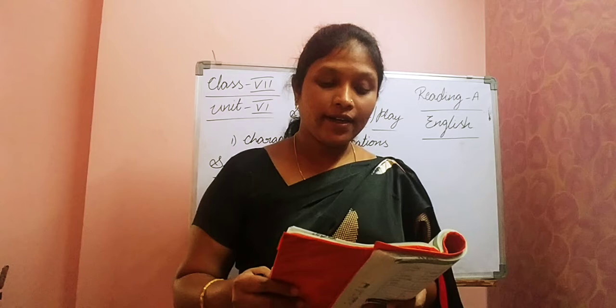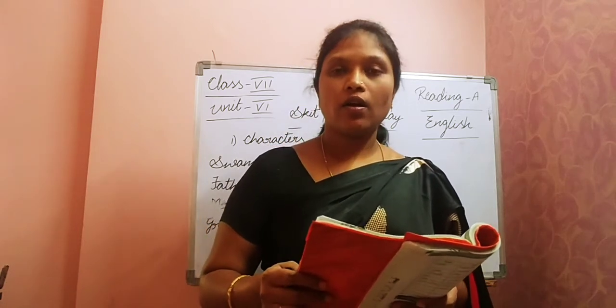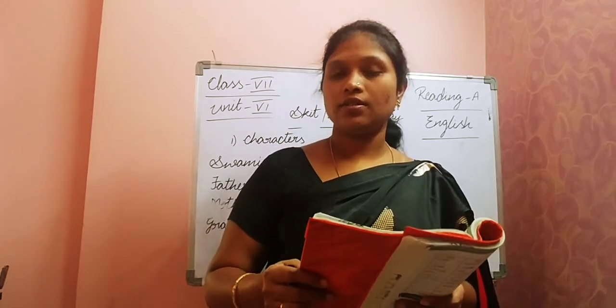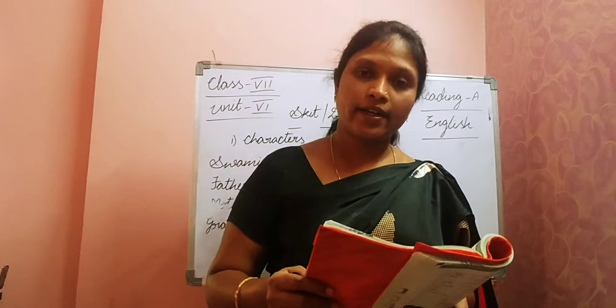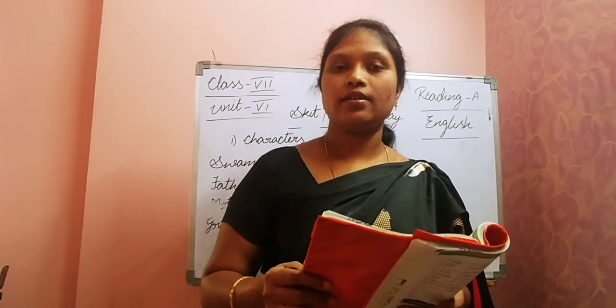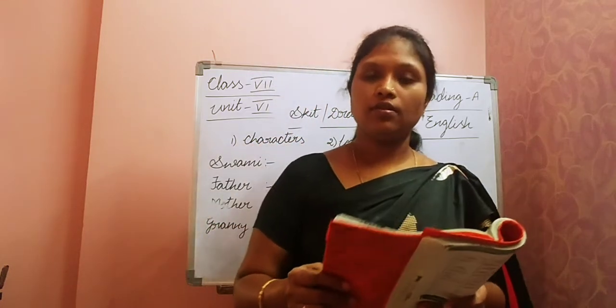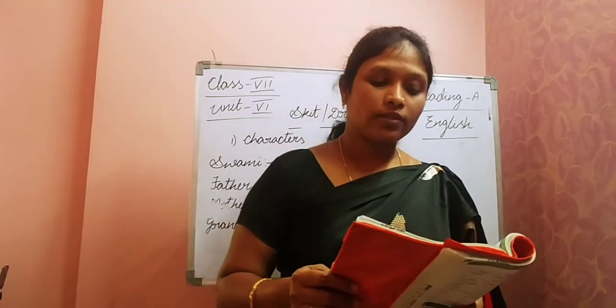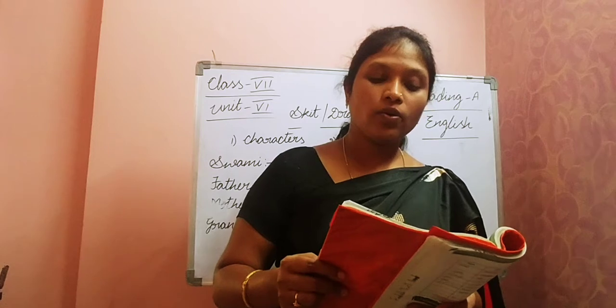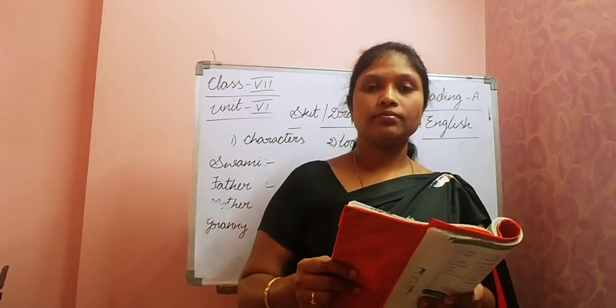Third one: Why did the eagle leave the child on a rock? Because the eagle felt tired. That's why it left the child on the rock. Fourth one: Why did the eagle fly round and round over the rock?